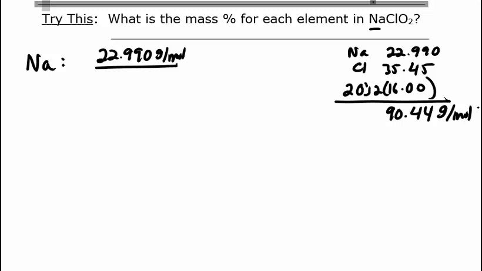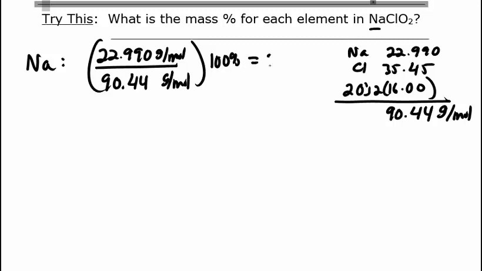Depending on how much accuracy you need in your calculation, you may choose more or fewer sig figs than I did. Alright, so again, back to the sodium, the denominator is going to be the molar mass of the compound, 90.44 grams per mole, times 100% gives you 25.42% sodium.